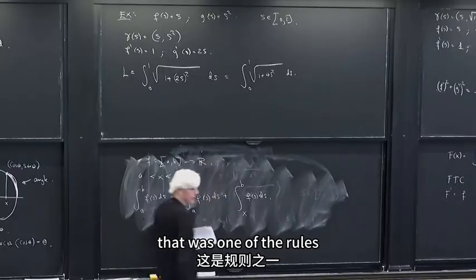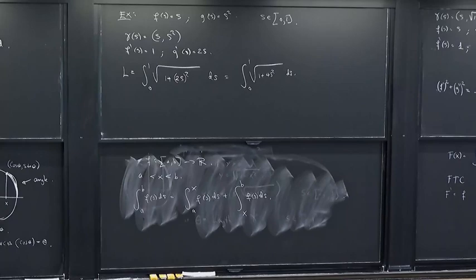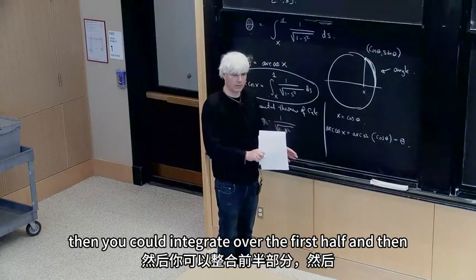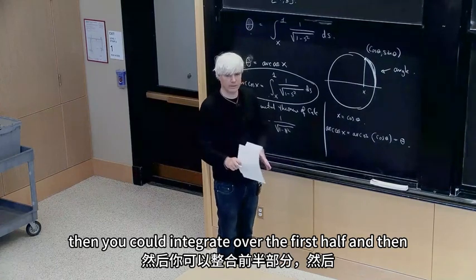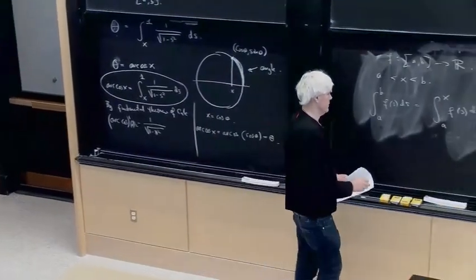That was one of the rules: if you have a dividing point in this interval, you could integrate over the first half and then add the integral of the second half.